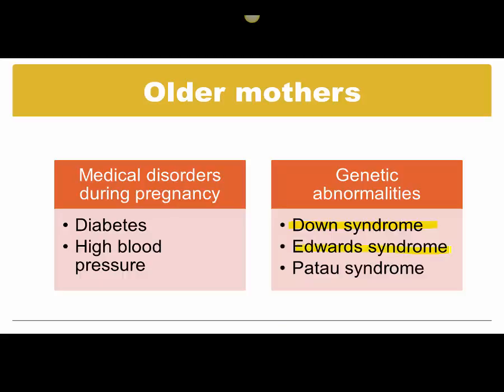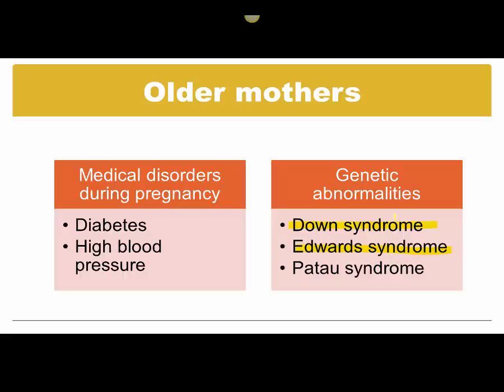Edwards syndrome, or trisomy 18, is a genetic disorder in which a person has a third copy of material from chromosome 18 instead of the usual 2 copies. Trisomy 18 is a relatively common syndrome. It is 3 times more common in girls than in boys, and the extra material interferes with normal development.